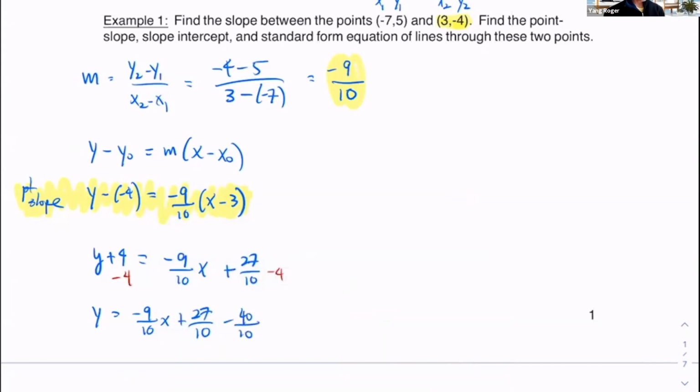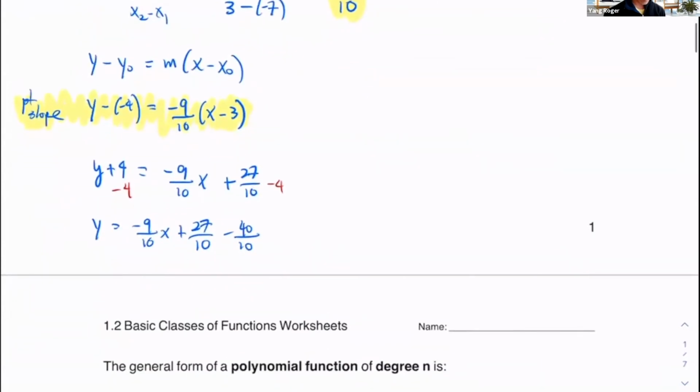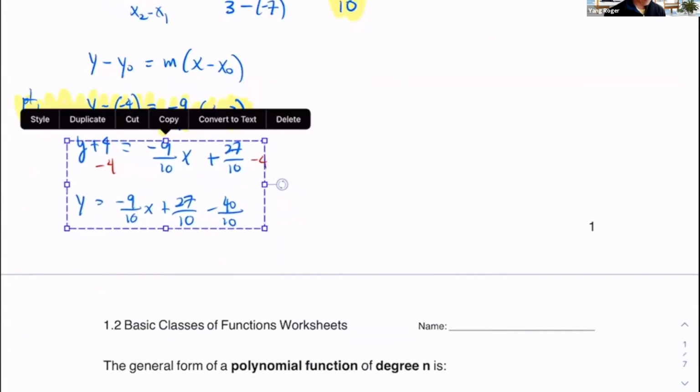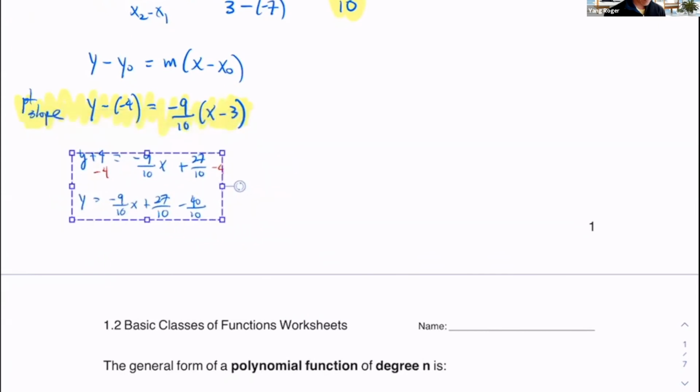Okay. So then when we simplify this, what do we get? Hold on a sec, sorry. We're going to get y is equal to -9/10 x minus 13/10.